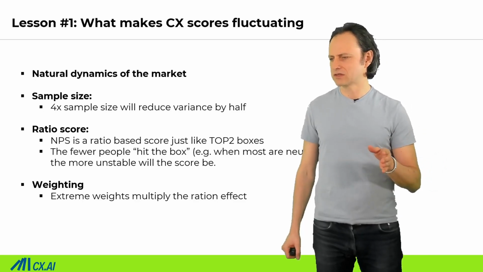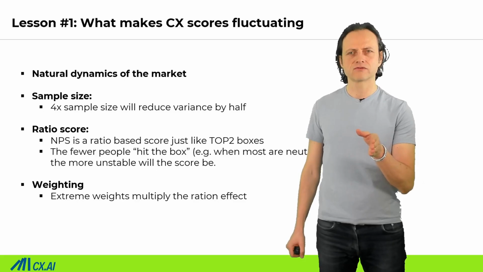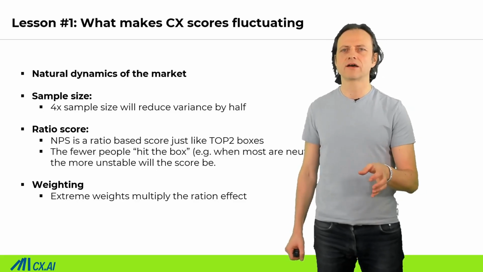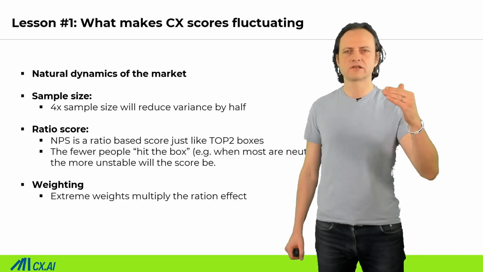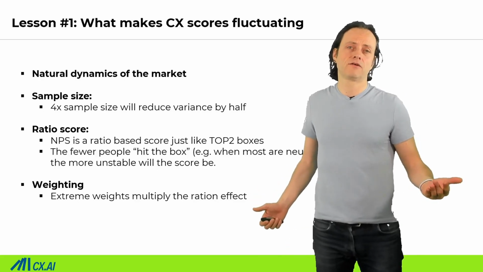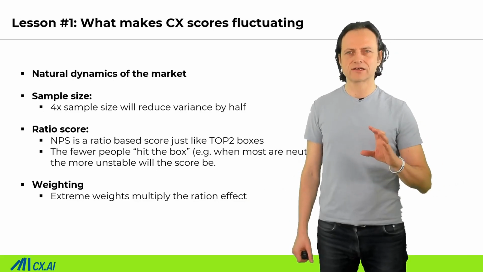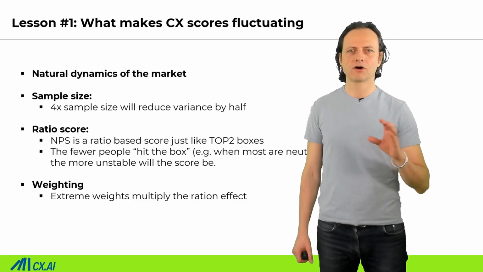What companies often do is they take the affluent customers or the high-value customers and overweight them, for instance, by factor 10 or so. But if you have a low sample size, this is another reason for fluctuation.